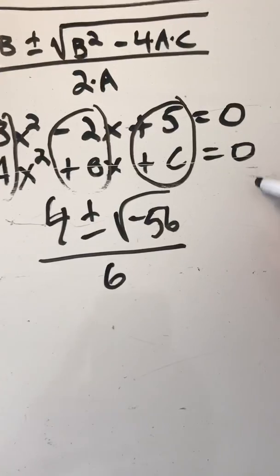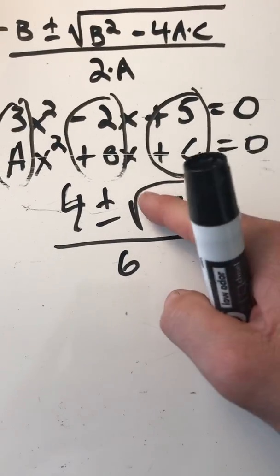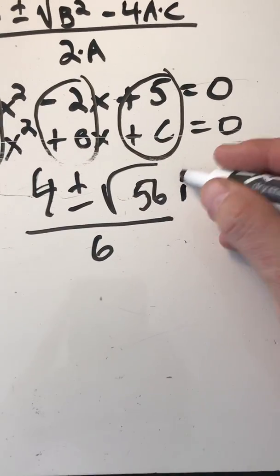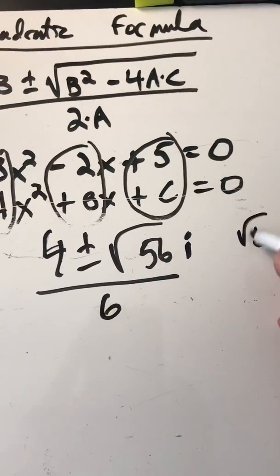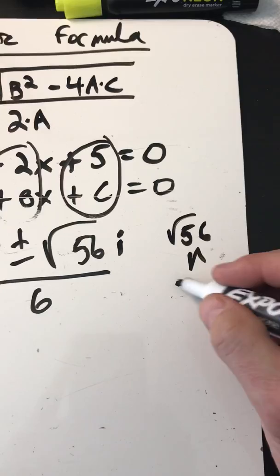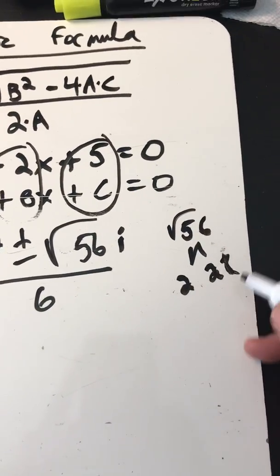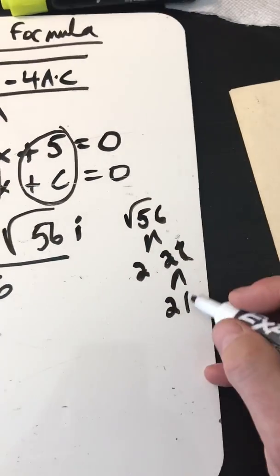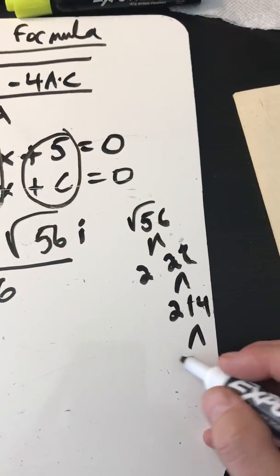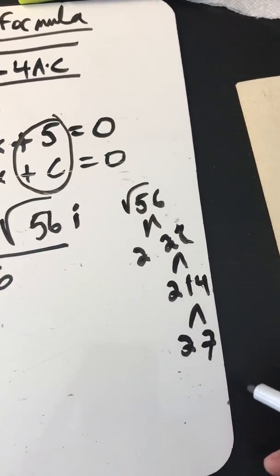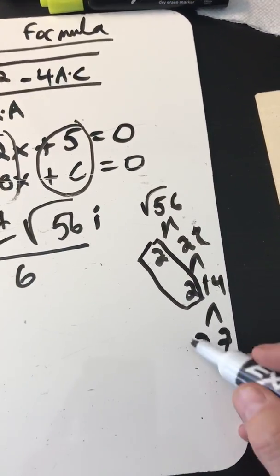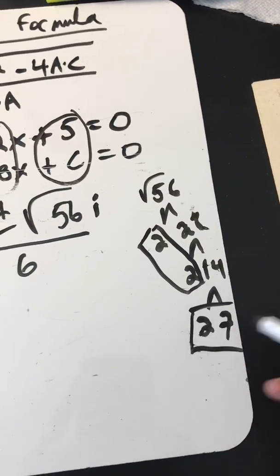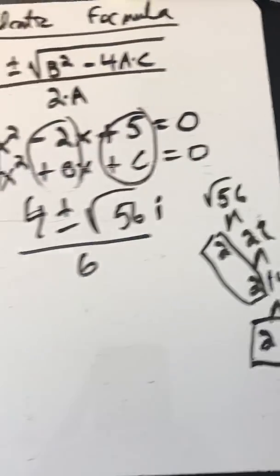Well, the square root of negative 56, that's going to be the square root of 56 times i, because it's the square root of a negative number. But the square root of 56, you can simplify. 2, 28, 2, 14, 2, 7. Oh, look at that, a pair of 2's. So that can go out front, and then you have 2 and 7 left, so that's the square root of 14.